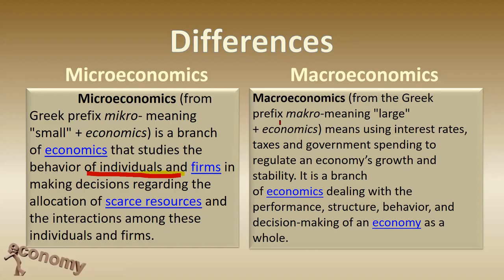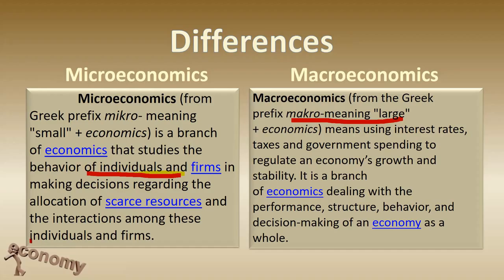And macroeconomics, macro means large. It means using interest rates, taxes, and government spending to regulate an economy's growth and stability. Here we are concerned about the total economy's growth and stability. It is a branch of economics dealing with the performance, structure, behavior, and decision making of an economy.